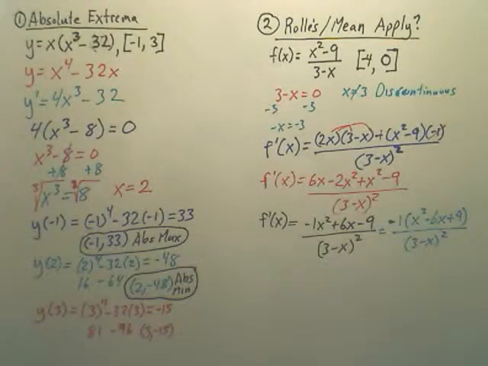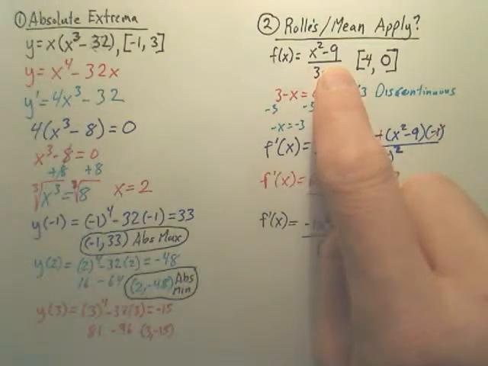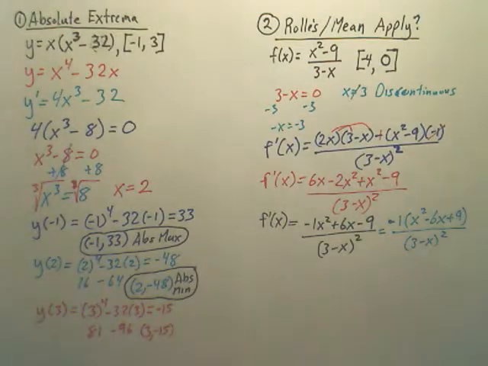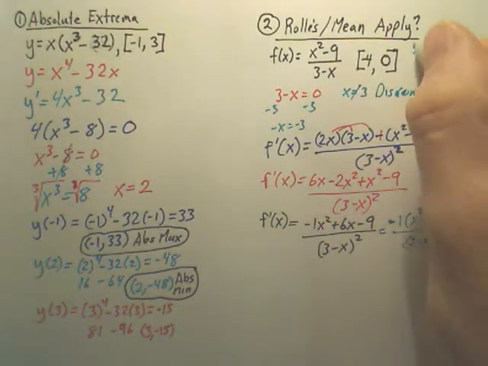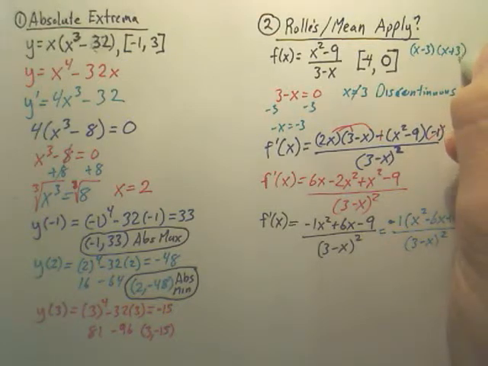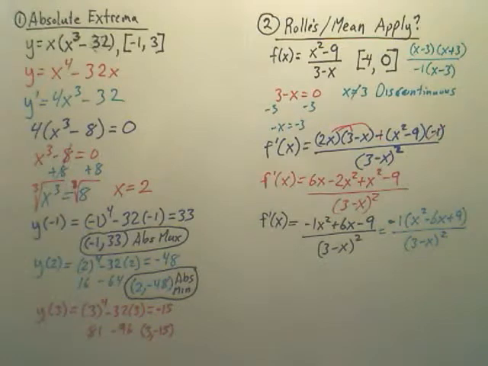Now, do you see what's happening here? I just realized something. Would it have been easier to factor the top, cancel with the bottom, and make it a lot easier problem to start with? It would have been easier to just factor the top, making it x minus 3 times x plus 3, and pull a negative 1 out of the bottom.